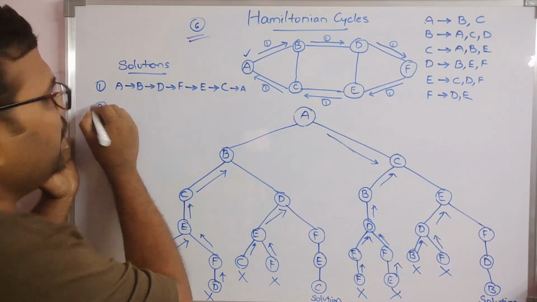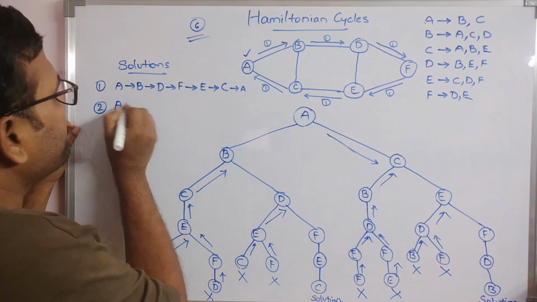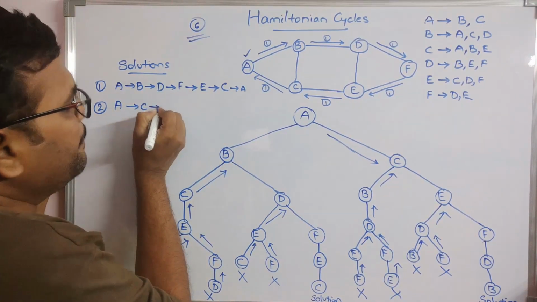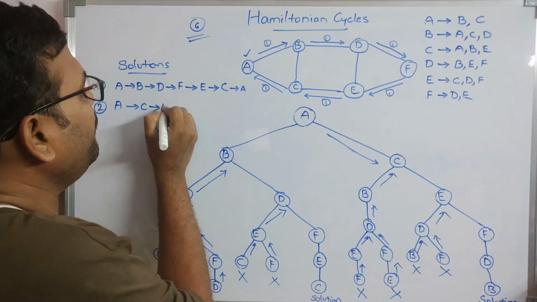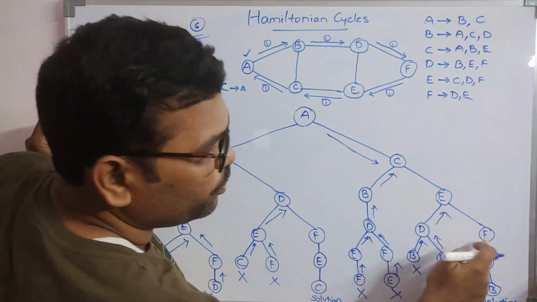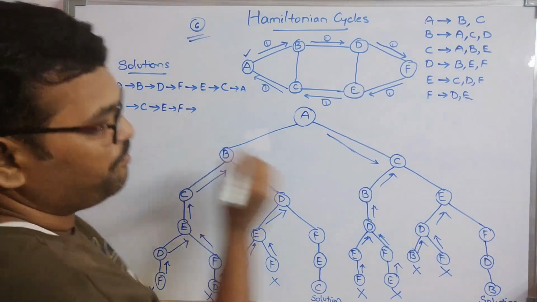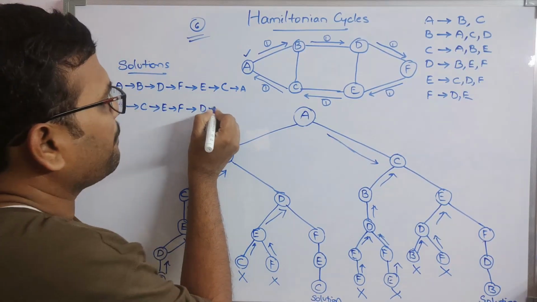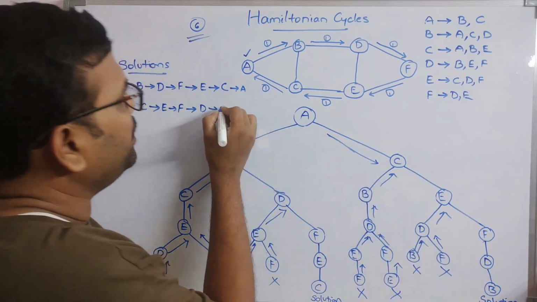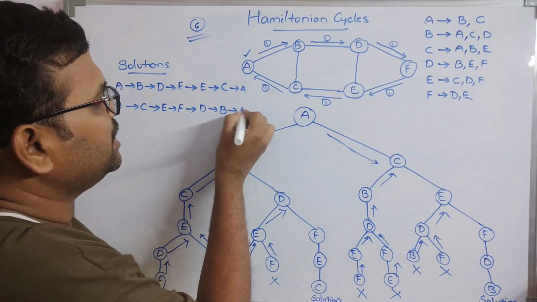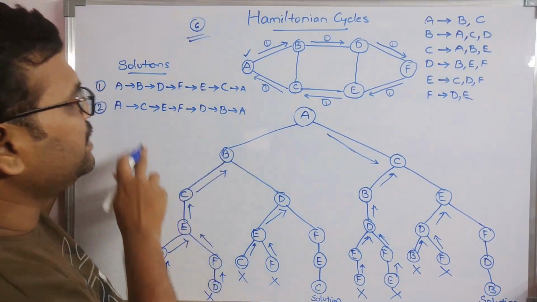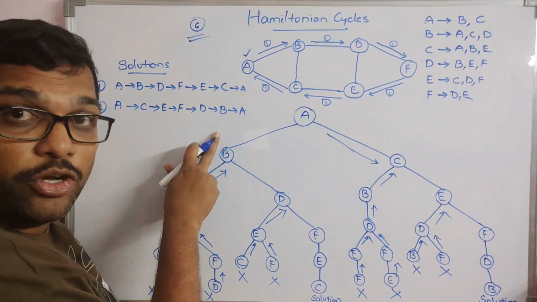And the second solution, let us take this one: A to C, C to E, E to F, F to D, D to B, and B to A. So this is one more solution. That is one more Hamiltonian cycle.